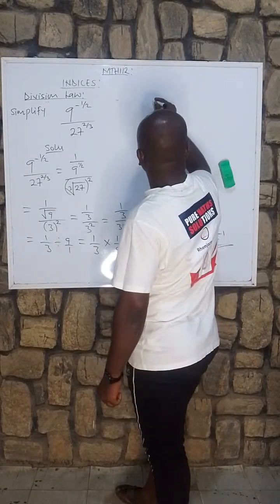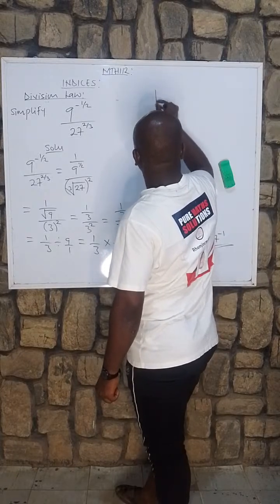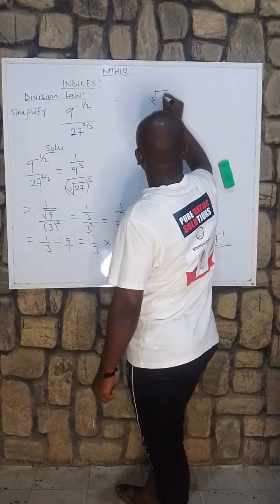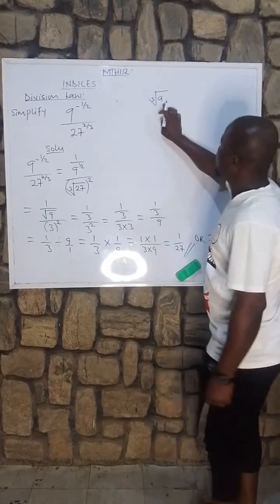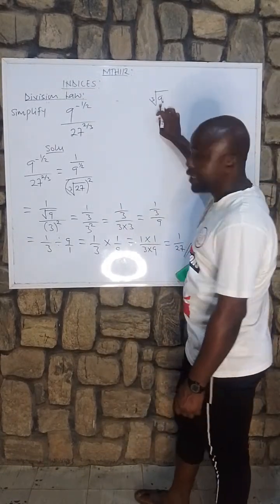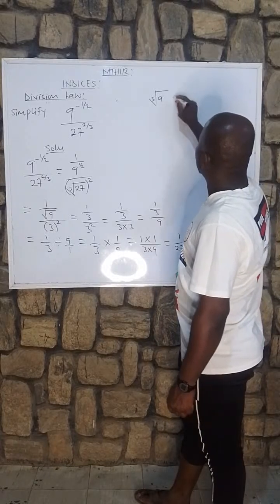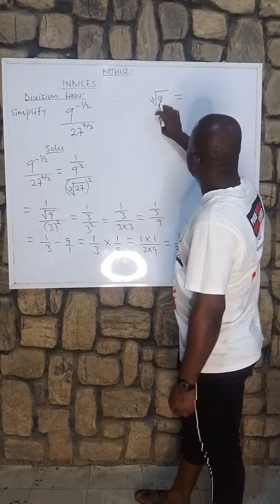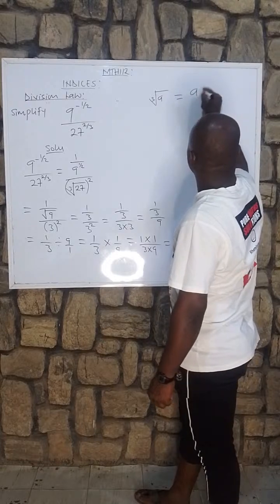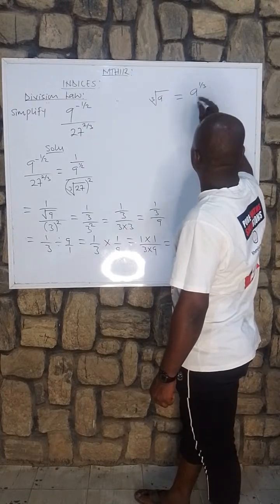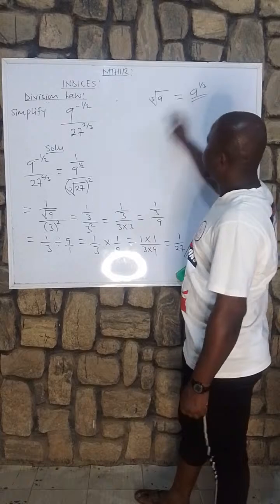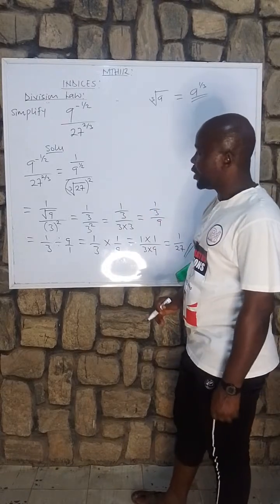When we have, that's why I said, if we have this, it is called cube root of A. Is that clear? This is cube root of A. So we can rewrite this in this form: A raised to the power of 1 all over 3. They are all the same thing. Do you understand?